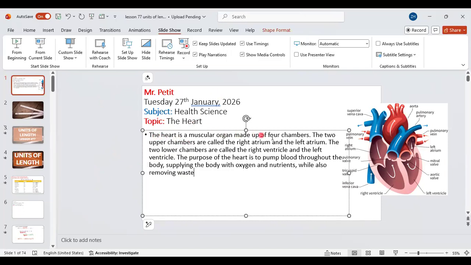Ronell, say something, just read one sentence. I want to check something. Just read the sentence. The heart is a muscular organ made out of four chambers. Okay, stop right there. Just read the sentence one more time. The heart is a muscular organ made up of four chambers. Okay, Amari, read the sentence to me. The heart is a muscular organ made up of four chambers.